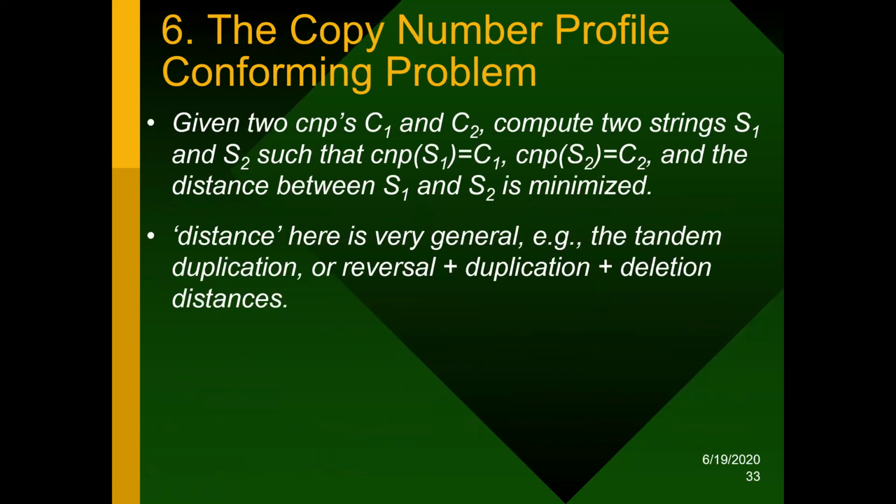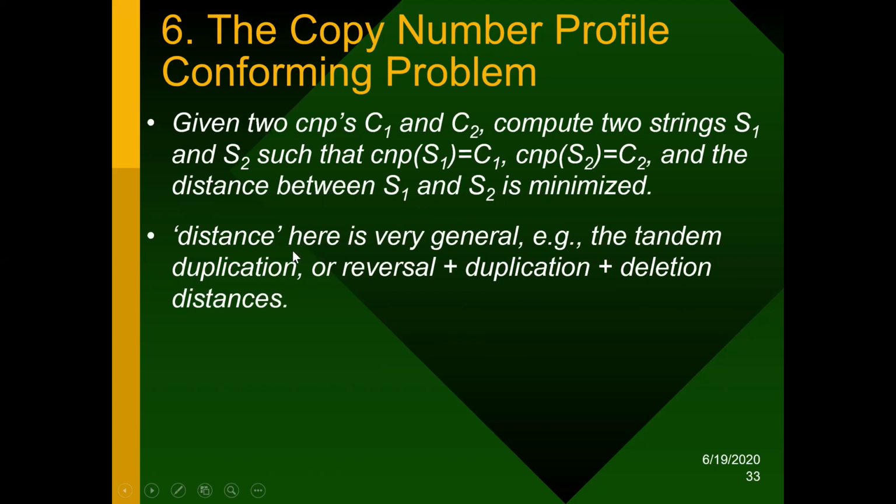So let me spend maybe 4 or 5 minutes on the last problem. In this case, we are given C1, C2. We want to compute 2 strings S1, S2, such that the CMP of S1 is C1, the CMP of S2 is C2, and we want to minimize the distance between S1 and S2.